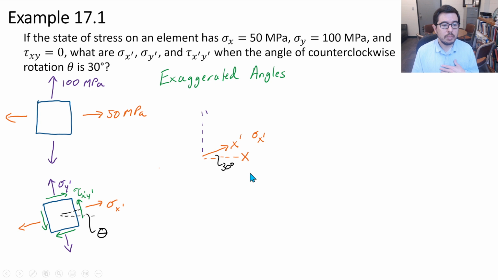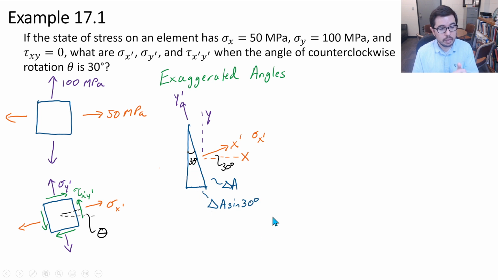But sometimes even, you know, my angles are not going to be perfect here, but as I'm drawing these triangles, I try to make them kind of big, kind of grossly exaggerated if I can, so that I see that, okay, the sine of 30 degrees is much smaller than the cosine of 30 degrees here. So that when we define these surfaces, for example, right now, it's very clear that this is going to be the sine of 30 degrees. And it's clear that this is going to be the cosine of 30 degrees.